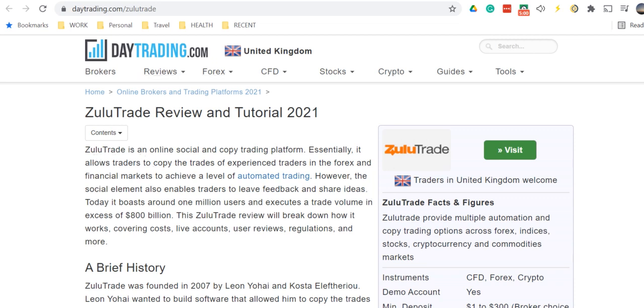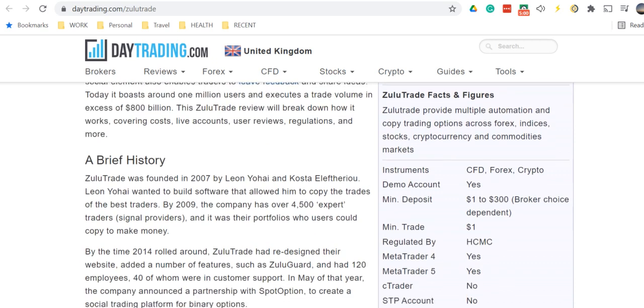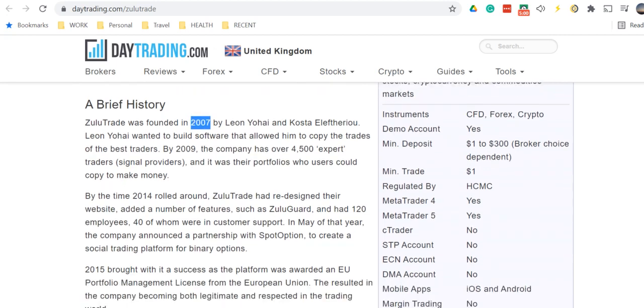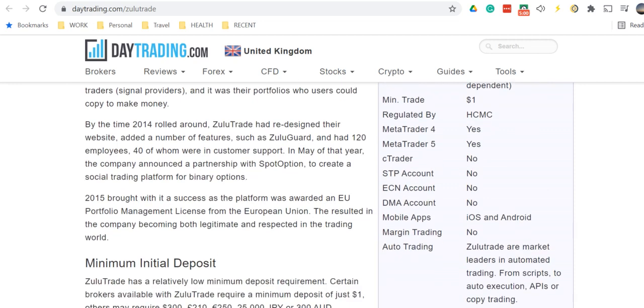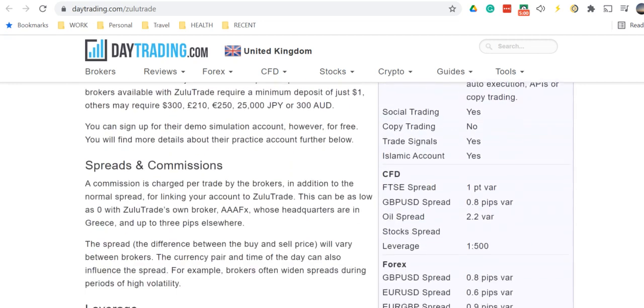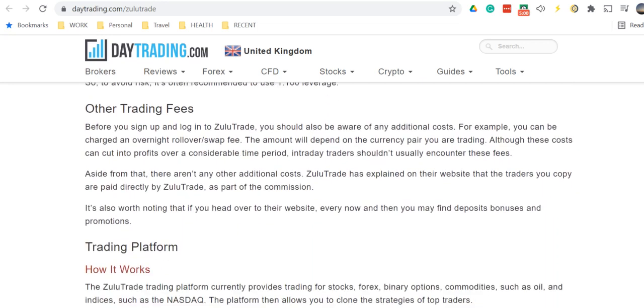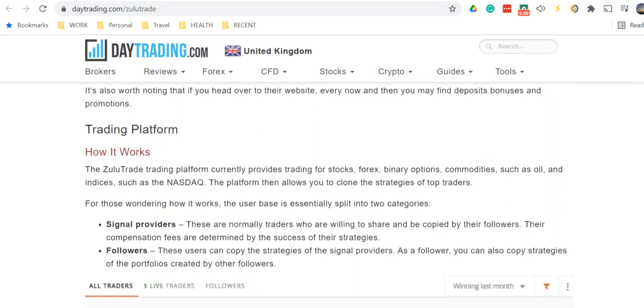So this is their ZuluTrade review. They've been around since 2007. I think that's before eToro, to be honest. I think they were amongst the first to start this copy trading service. So I'm going to skim over some of these. This is a very quick thing.